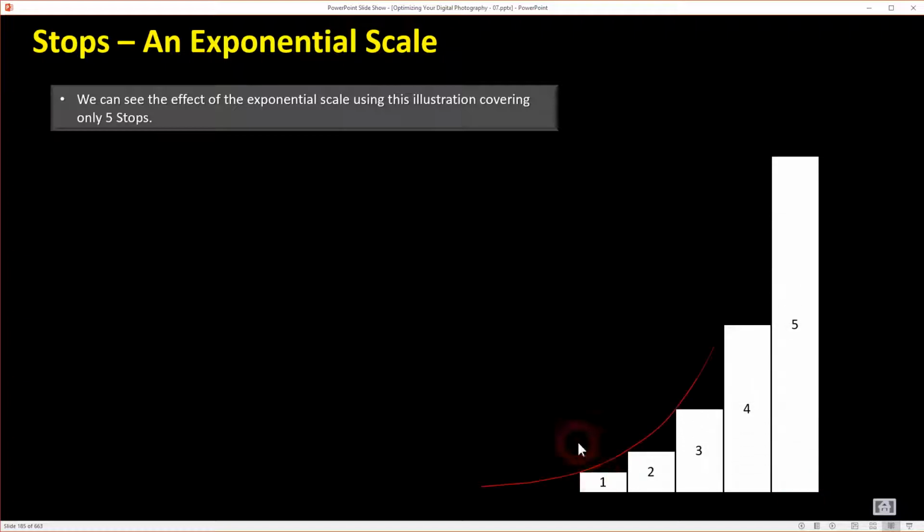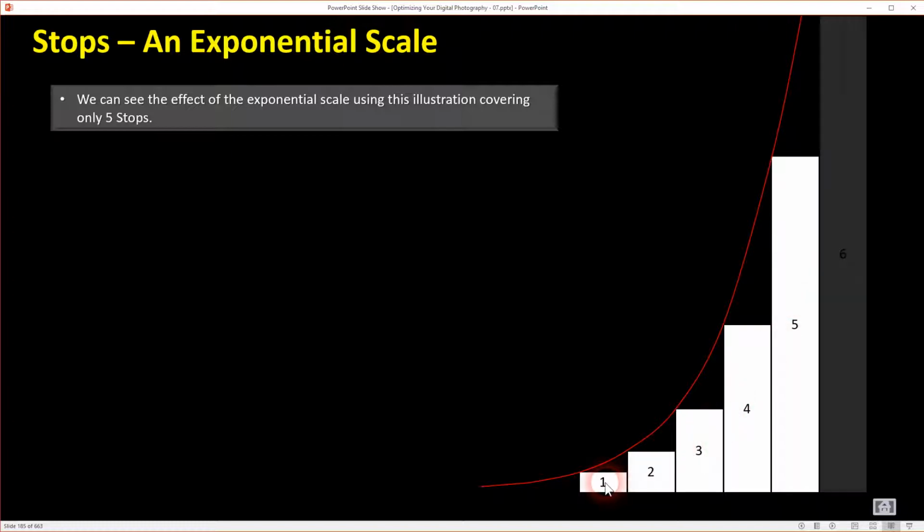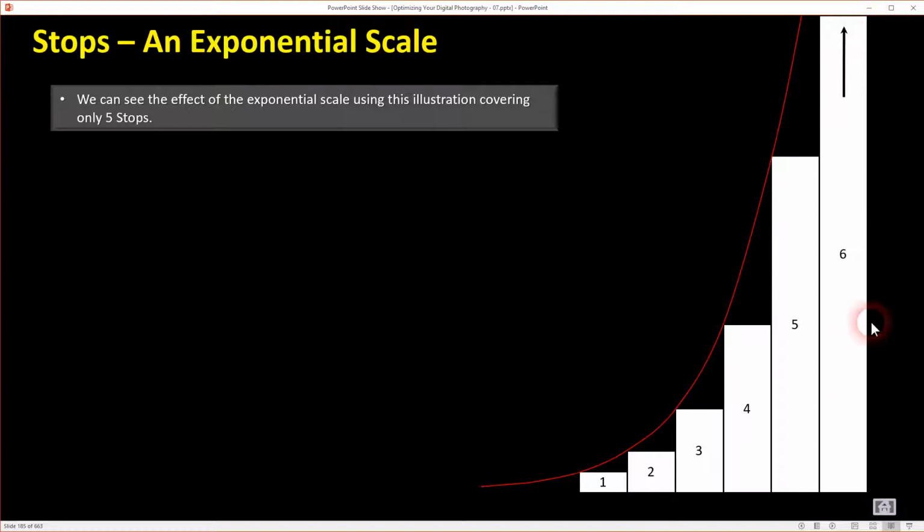So if you imagine 1 stop, 2 stops is double the amount of light as 1 stop. 3 stops is quadruple the amount of light as 1 stop. 4 stops is 8 times the amount of light. 5 stops is 16 times the amount of light from the first stop. And of course we continue on, 6 stops, 7 stops. So you get the idea, it's an exponentially increasing amount of light or decreasing amount of light.